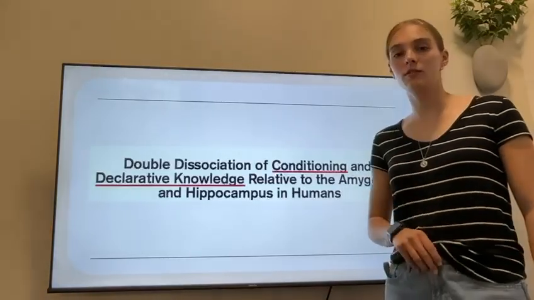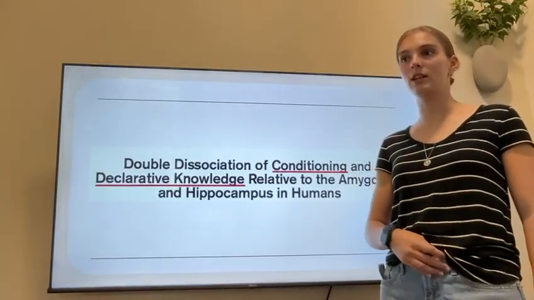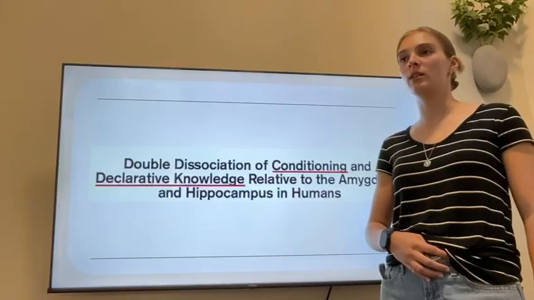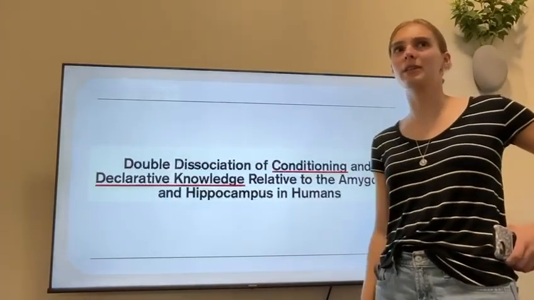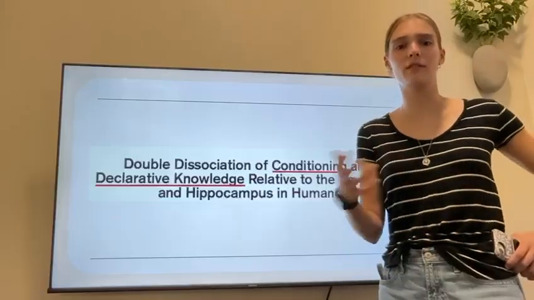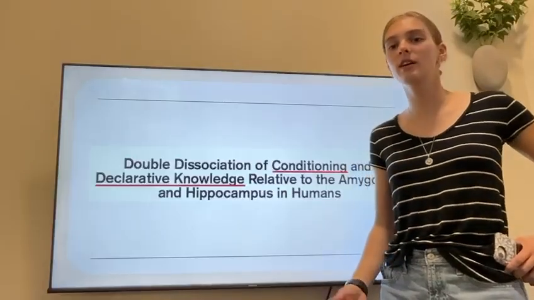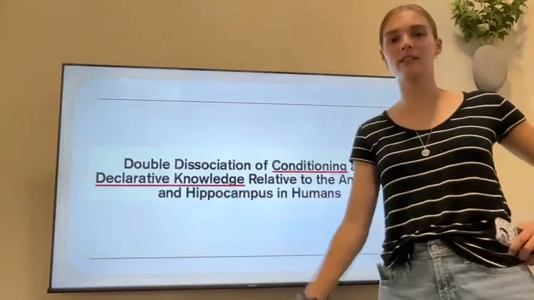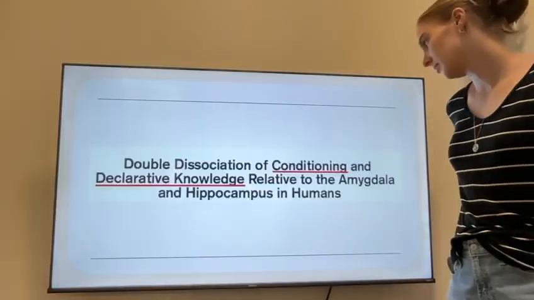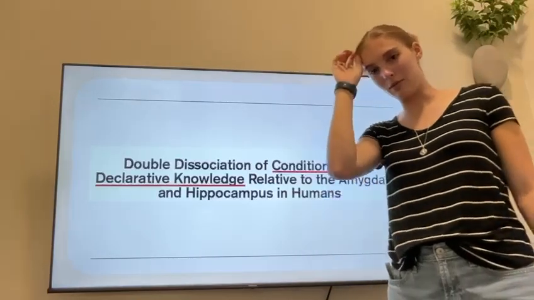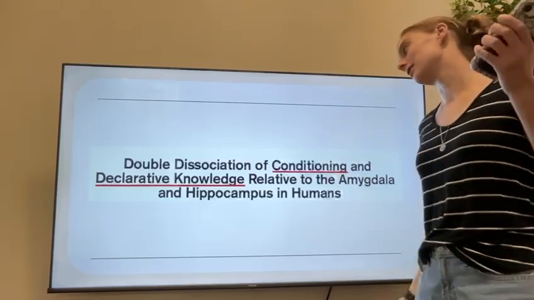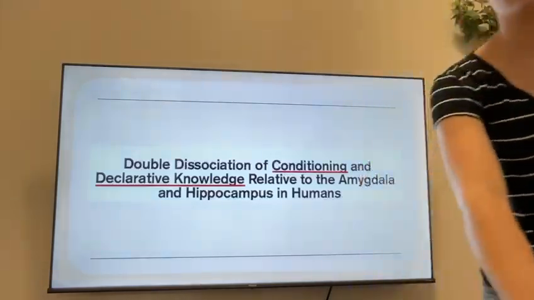And it's also different from emotional memory and associating emotions with, I don't know, certain stimuli or scents or events or people, etc. This is like very facts-based. And again, keep that in mind, that emotional memory and declarative knowledge are not the same. That's relevant to the study.